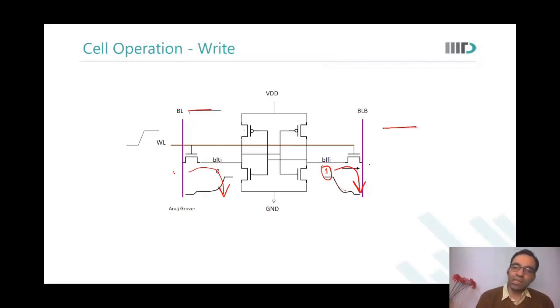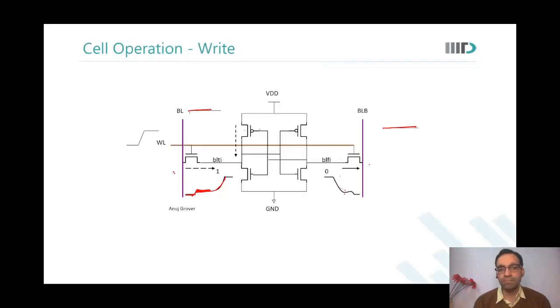Initially, when this was reading only, we ensured that BLTI does not rise very much. But after a lot of discharge had happened, this PMOS turned on. So this will take this node to 1. And we would say that I have flipped the contents of the memory cell. I have written 0 there and 1 here.